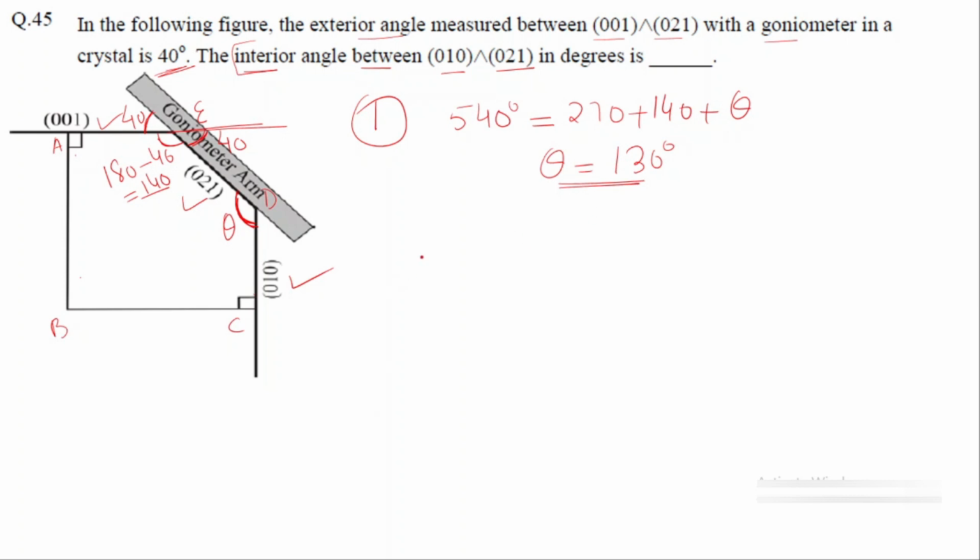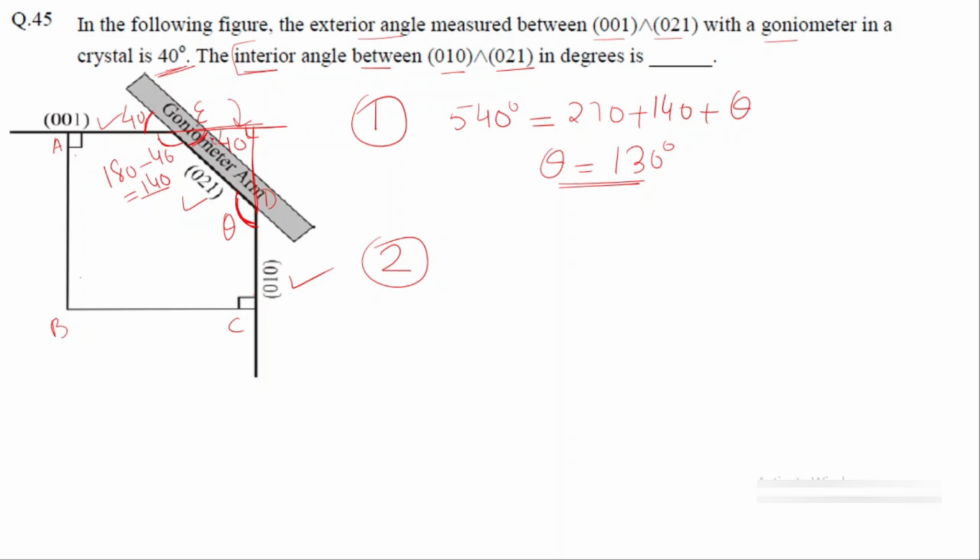Now this is one technique. The second method we can use is by using this other angle. This is also 40 degrees, another pair of this exterior angle, and now you could use the outer triangle, or outer right triangle, which you might form by extrapolating these two planes.